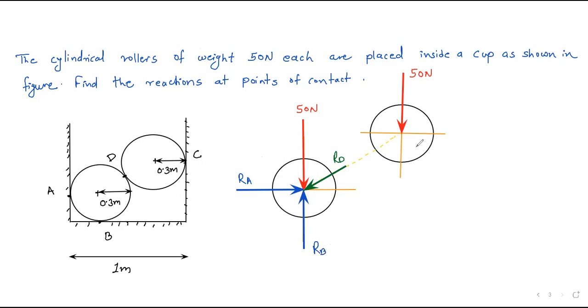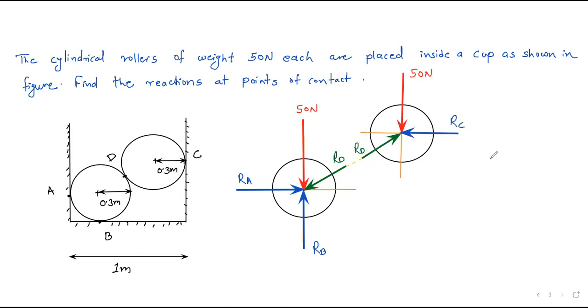Now if you think about this second sphere, here the horizontal reaction RC will be there. And then this reaction RD will act like this on this sphere. So this is RD, and this is your RC.